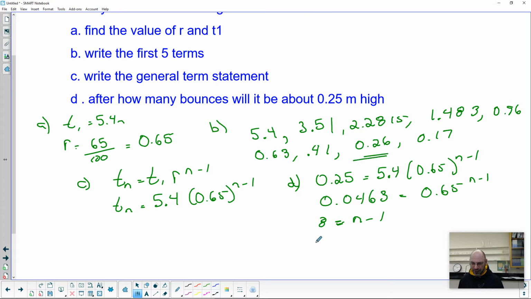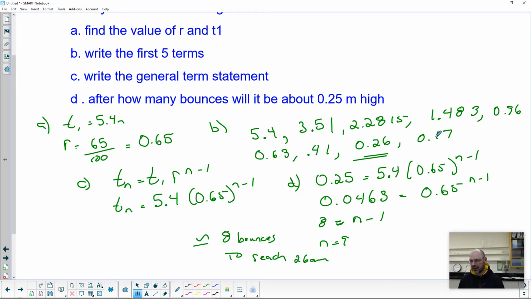I'm going to say n equals 9. So it's going to be approximately 8 bounces, because the first one isn't a bounce, right? To reach, well, we got 26 centimeters, which is about 25 centimeters high.